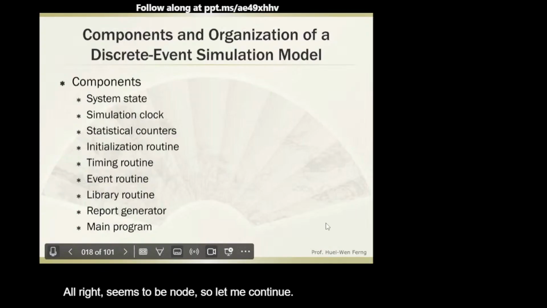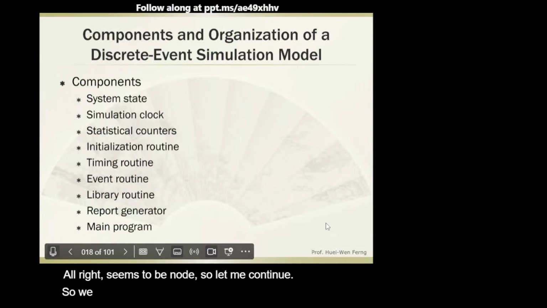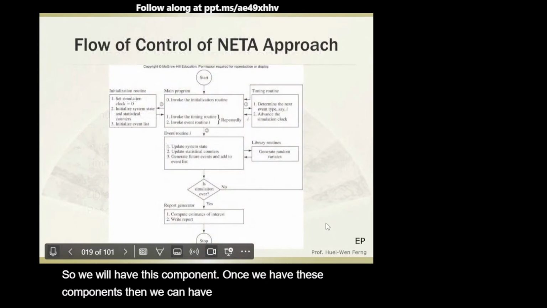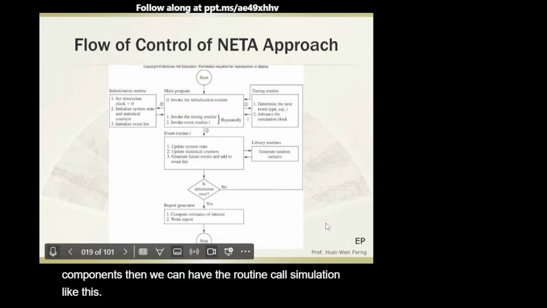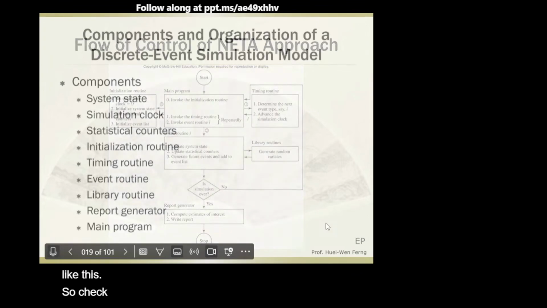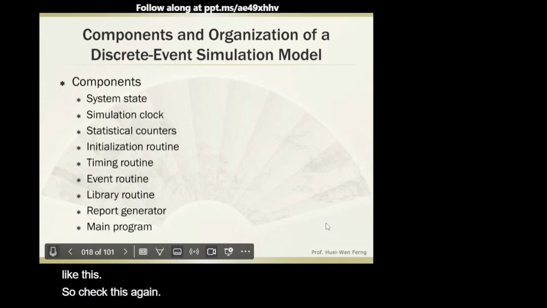So we will have these components. Once we have these components, then we can have the routine for simulation, like this. So check this again. Perhaps we will have the suitable stat, and we'll have a simulation class.